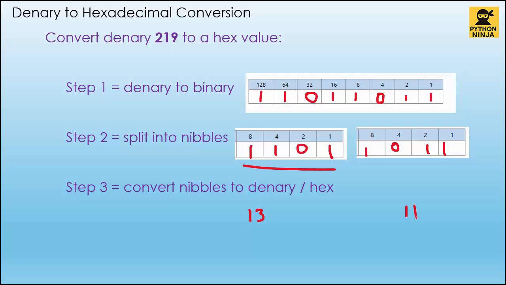Okay, so remember, 10 is A. So 10, 11, 12, A, B, C. So we know that's C. And A is 10, so B is 11. So that tells us that 219 as a denary number is CB as a hexadecimal value.